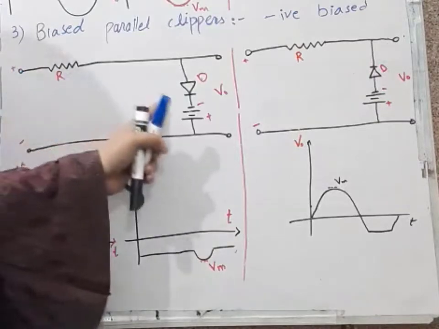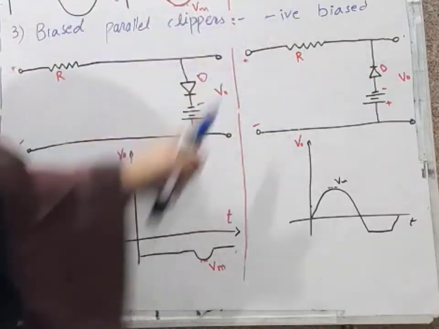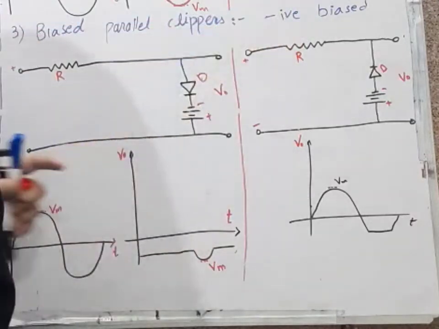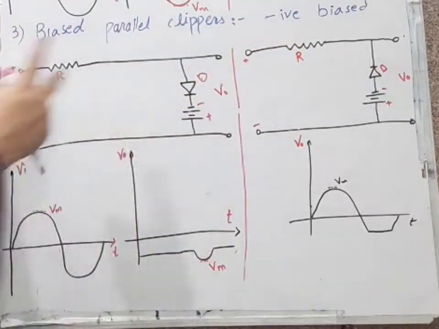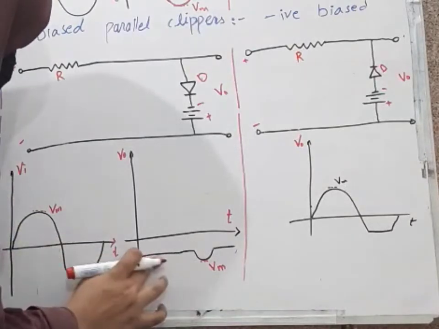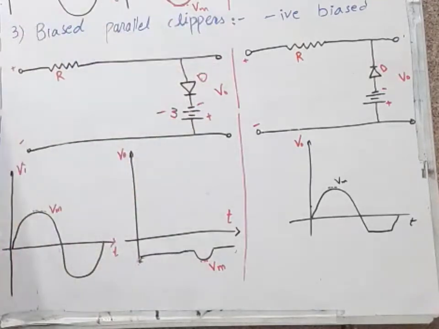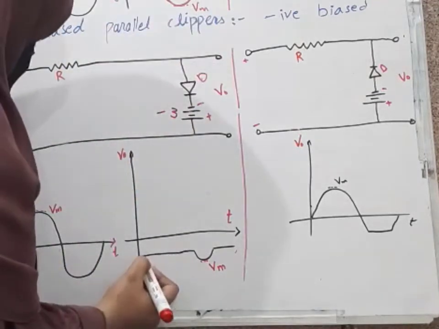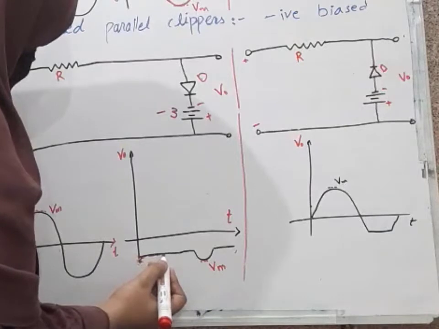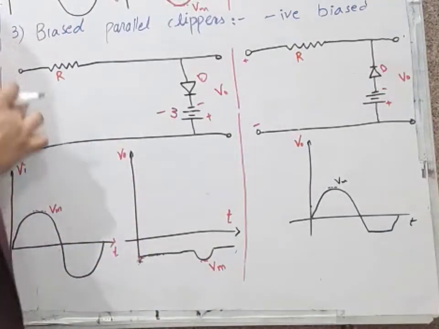Both are trying to make this diode forward biased. These two cases are similar. So that's why we get the potential of battery, and the potential of battery is -3. Let us suppose the potential of battery is -3. So we get the potential of battery -3 for the negative half cycle.